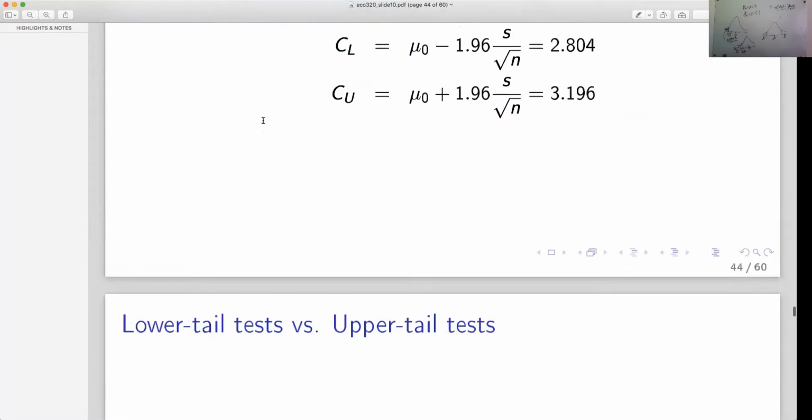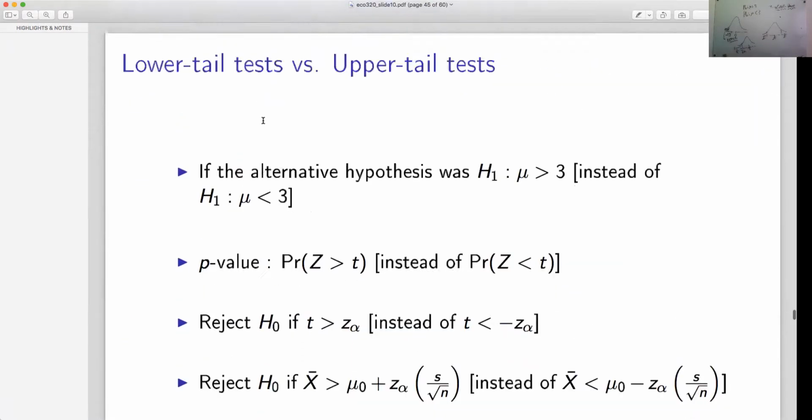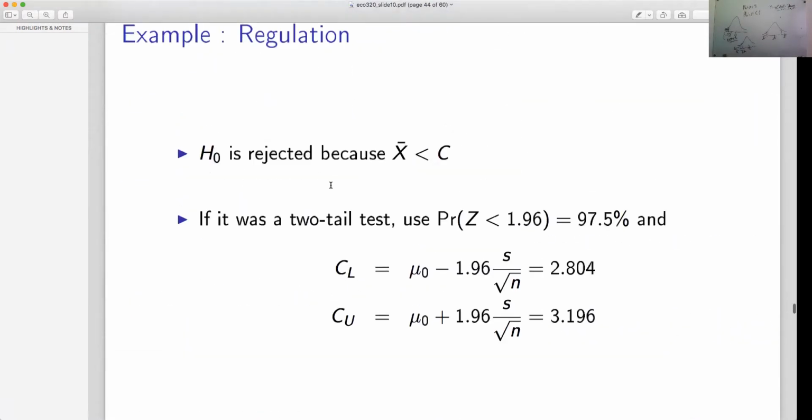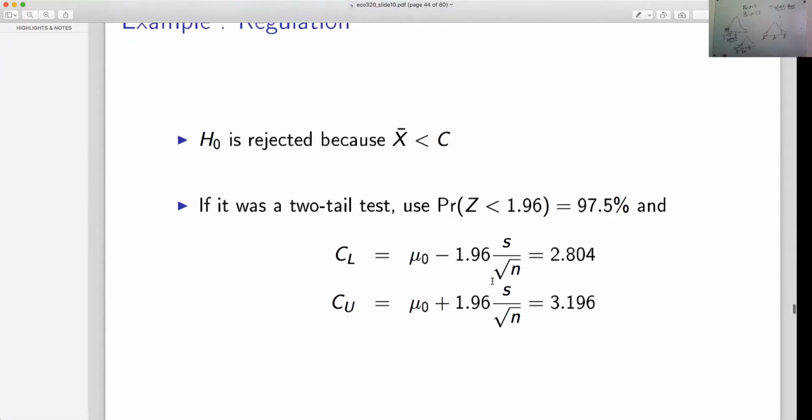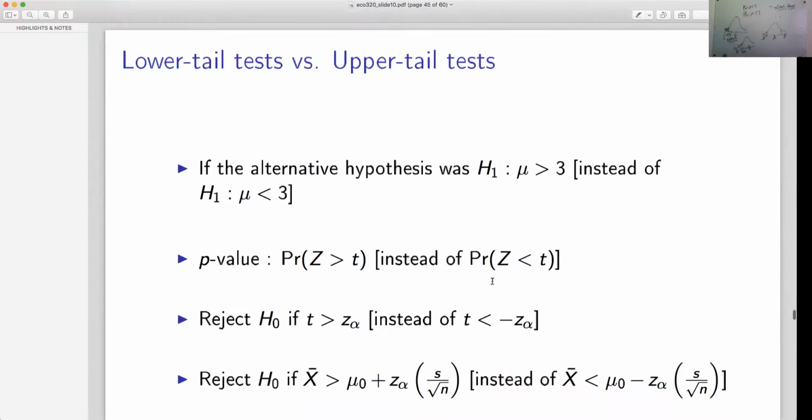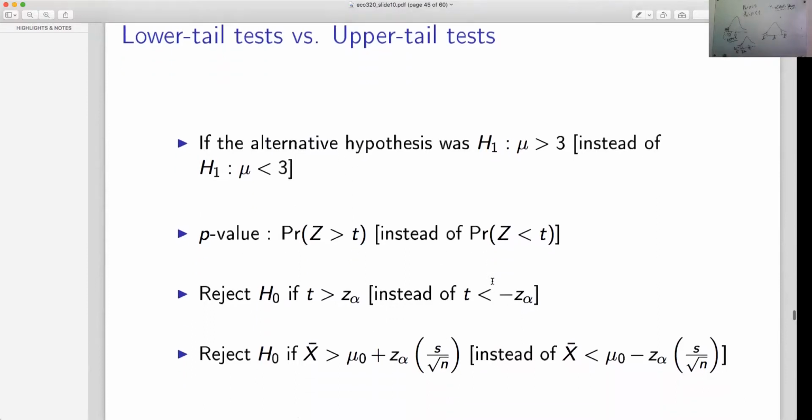I'm just explaining how one-sided tests differ from two-sided tests, so please take a detailed look, and if you have any questions, always let me know. If the alternative hypothesis was like that instead of this, the direction changed. This now becomes an upper tail test, right? This was the lower tail test.